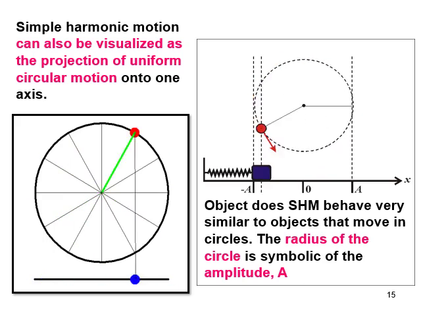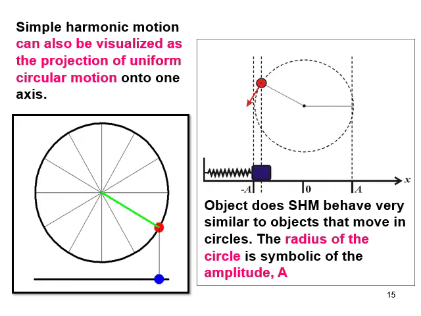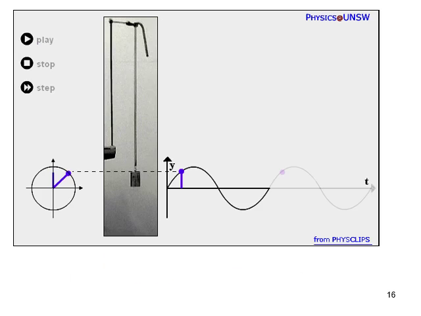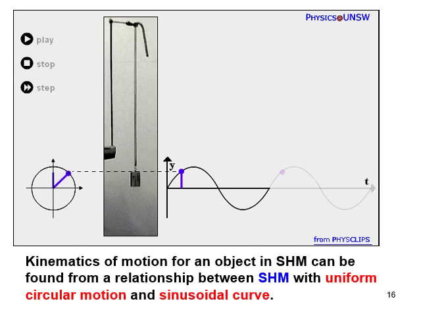The radius of the circle is symbolic of the amplitude A. This diagram shows that the kinematics of motion for an object in simple harmonic motion can be found from a relationship between simple harmonic motion with the projection of uniform circular motion and the sinusoidal curve.